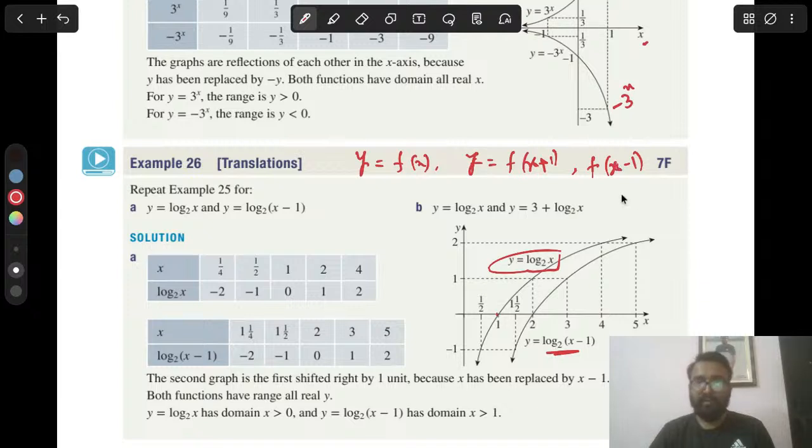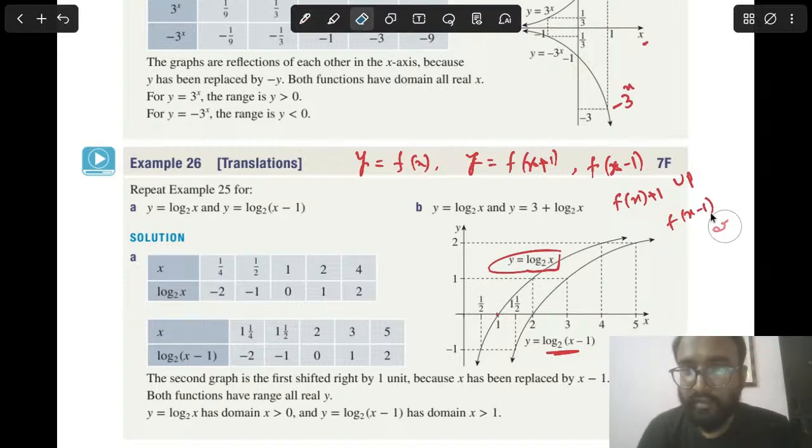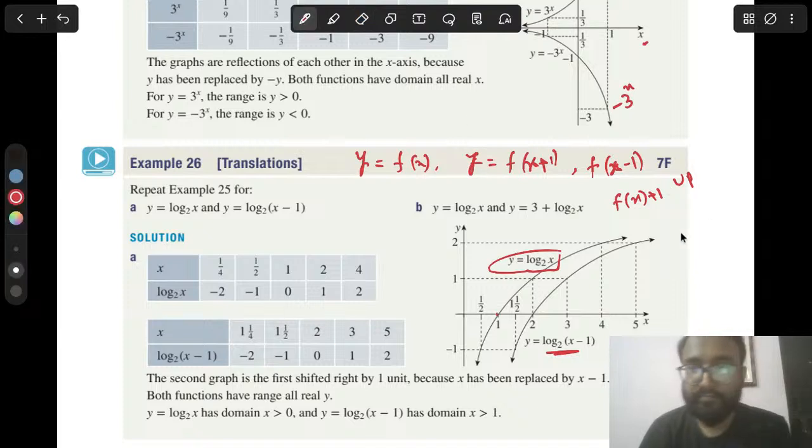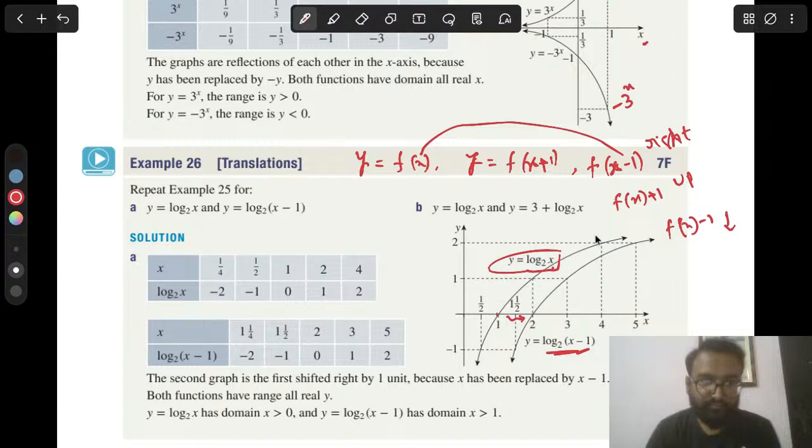Is it clear? And f of x plus 1 moves up. Sorry, f of x minus 1 moves down. So it is moving right because x becomes x minus 1. So it moves rightward. It goes to right.